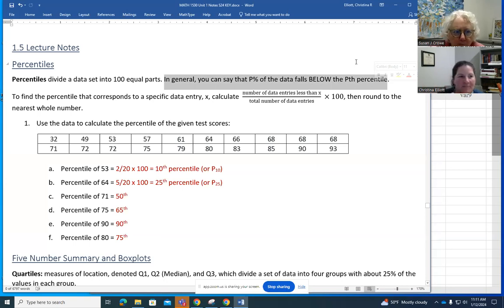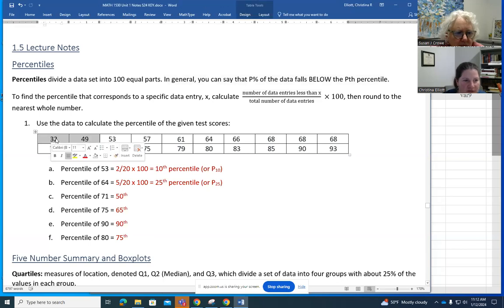The quick way to calculate a percentile is given in this first example in the notes. If I had this data set of test scores, the score of 53 would be the 10th percentile because there are 2 scores below 53 out of a total of 20 scores.